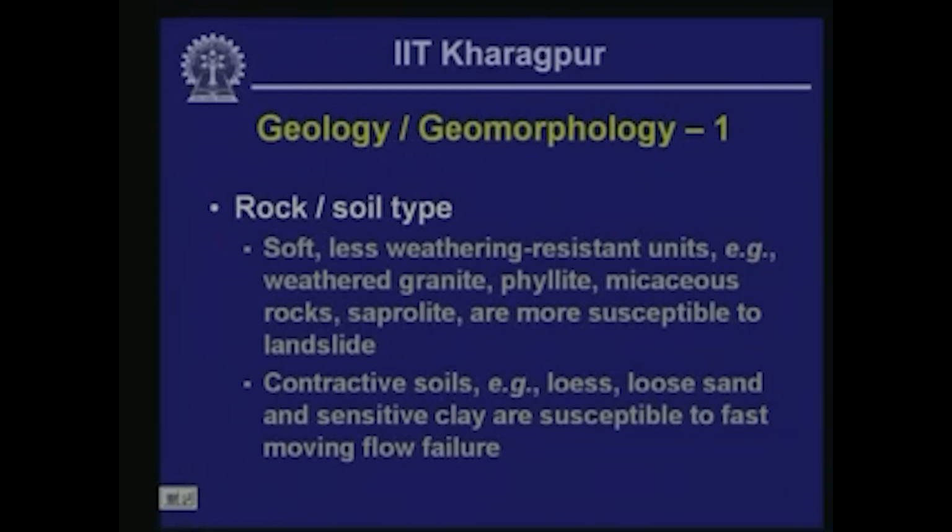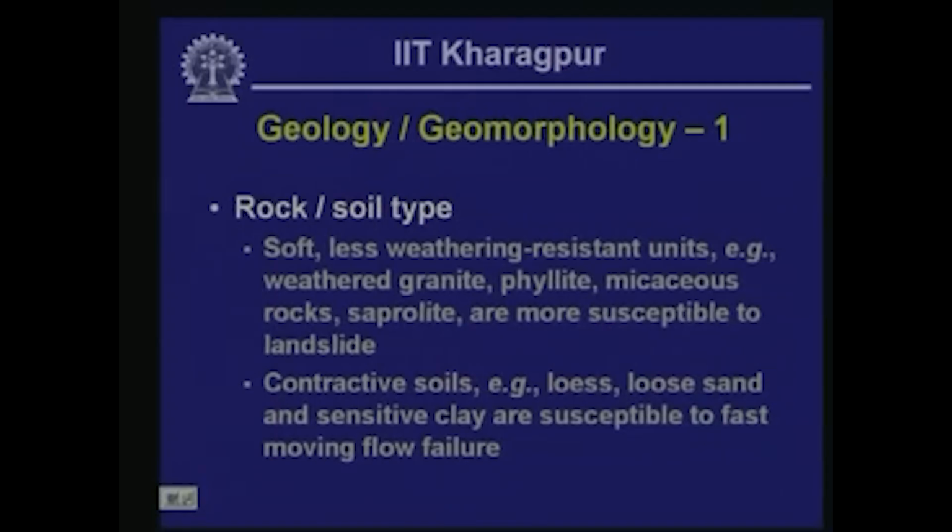If the soil or rock type is soft, less weathering resistant, such as weathered granite, phyllite, micaceous rock, saprolite, then we are likely to have more frequent occurrences of landslide.